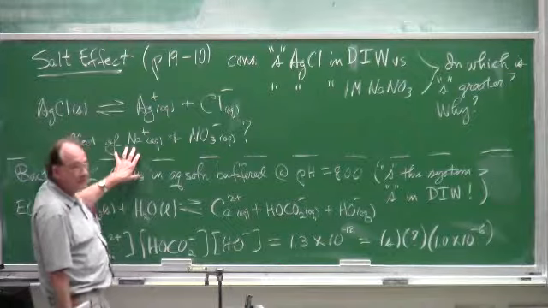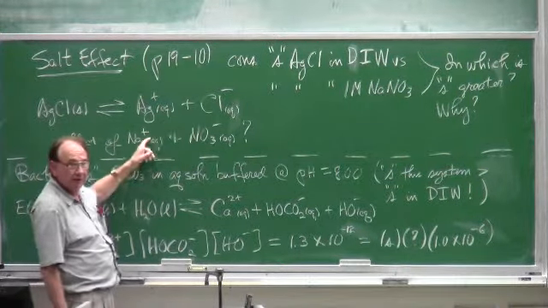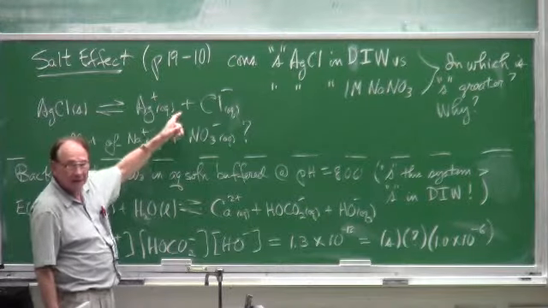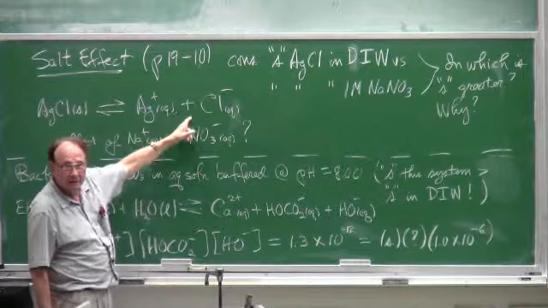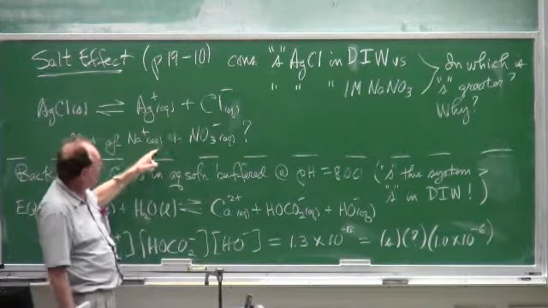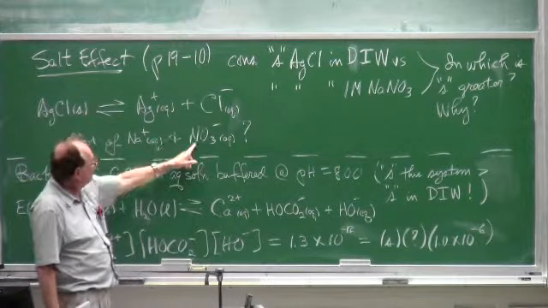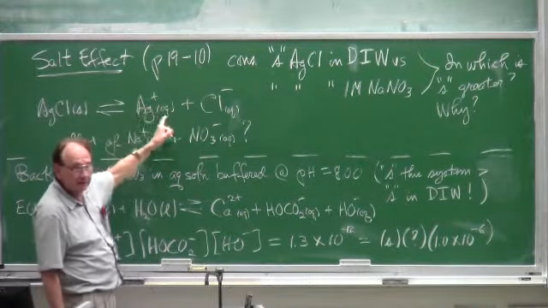Are the sodium ions going to be attracted to the chloride ions just because they're oppositely charged? Yes or no? Well, come on, Coulomb. Oppositely charged particles attract. You betcha. Are the nitrate ions going to be naturally attracted to the silver ions because they're oppositely charged? Absolutely.